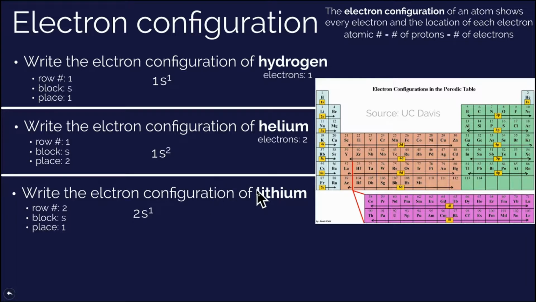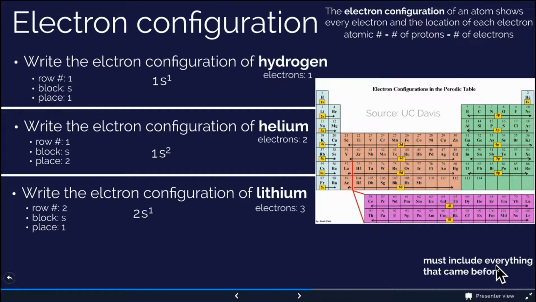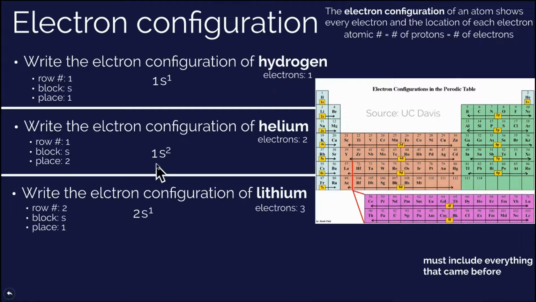But the problem we run into in this one is that lithium will have 3 electrons. Here we are only showing 1 electron. So that's not matching up. We need to show the location of all the electrons that came before it. So in order to do that, we'll just put in the places that we've been through on the periodic table. Always start with number 1 with hydrogen and move to the right until you can't.